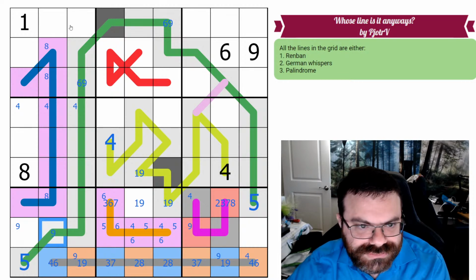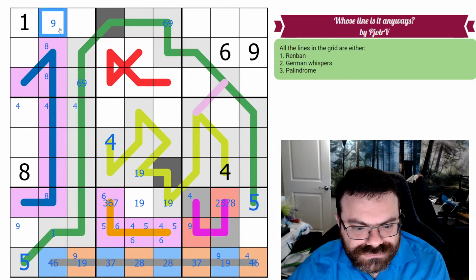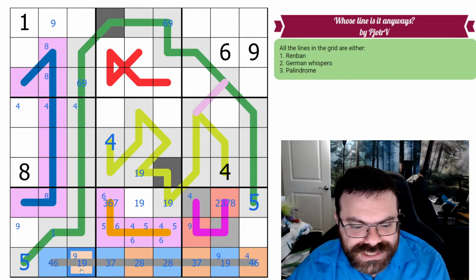Let's see here. Yeah, this can't be 9, right? So if this were 9, no, if this were 1, this is 9. Otherwise, this is 9. Either way, none of these can be 9. So this is a 6. It's helpful.